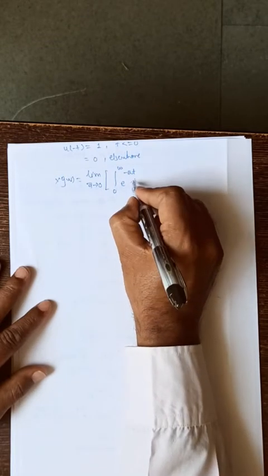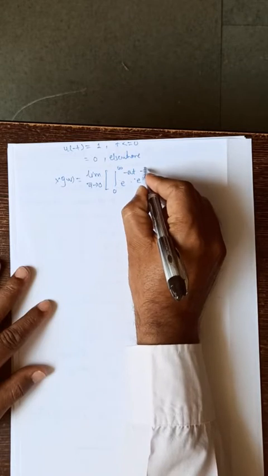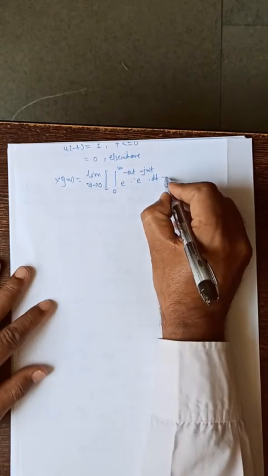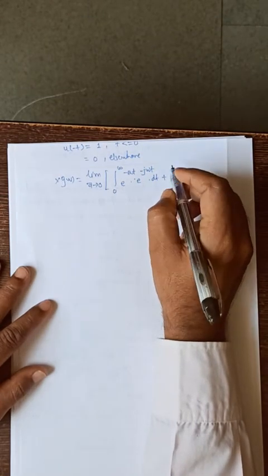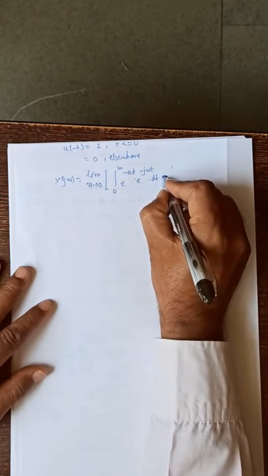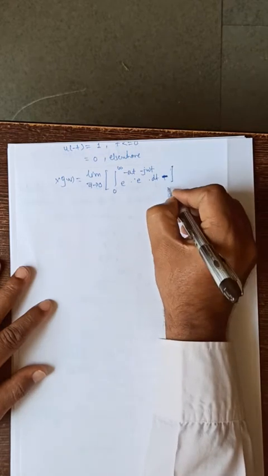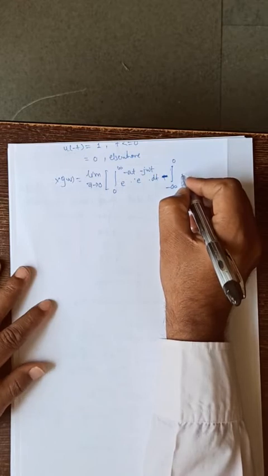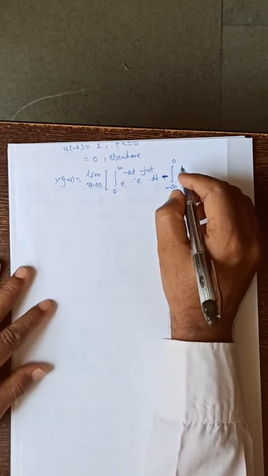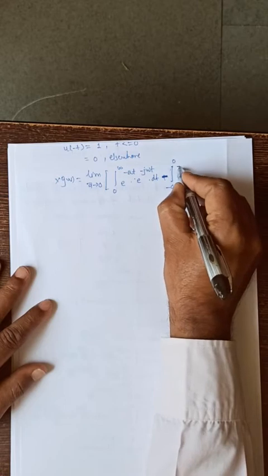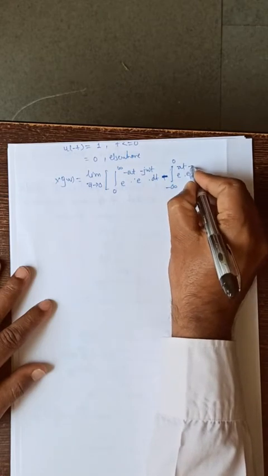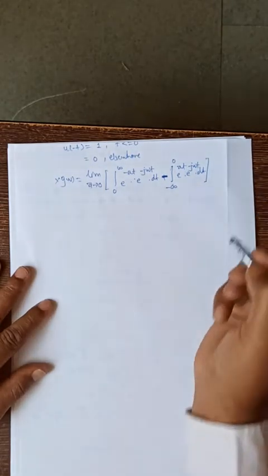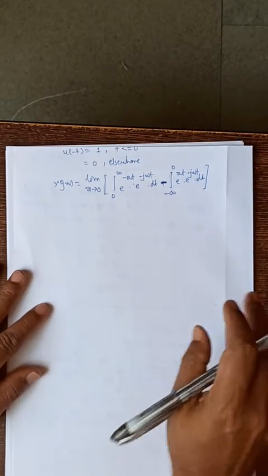So this is equal to e raised to minus at e raised to minus j omega t dt. That is using the linearity property. Now the minus sign is there. So minus integration from minus infinity to 0, because we are removing u of minus t from this, e raised to at into e raised to minus j omega t into dt. So this is the reduced form of integration.